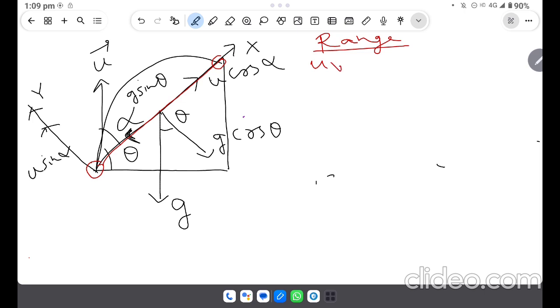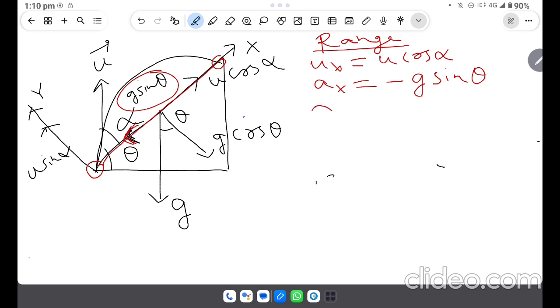So ux is u cos alpha, and the acceleration along the x direction is in the downward direction, so we write minus g sin theta.